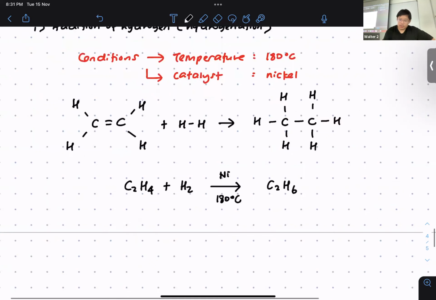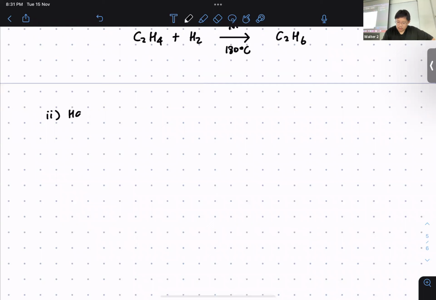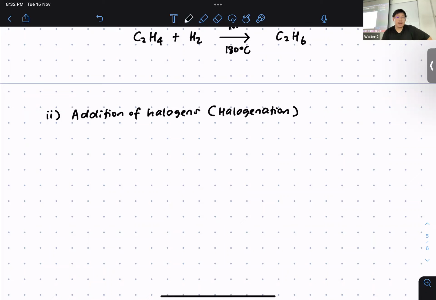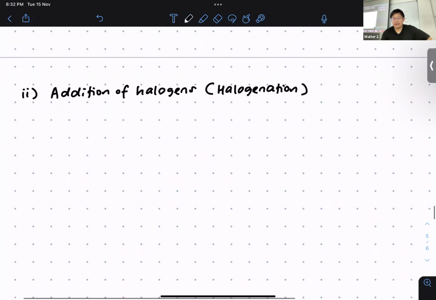All right, for the second one, we'll talk about halogenation. Halogenation can happen between alkenes and any halogens.